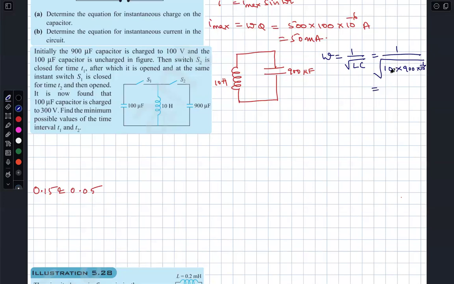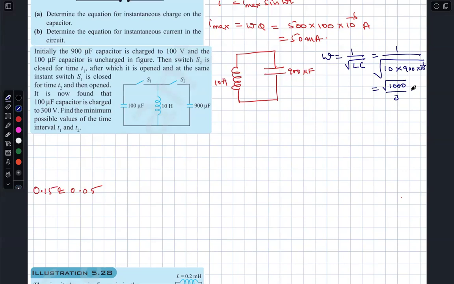So this becomes 9 into 10 power minus 3, which is under root 1000 by 3. That is omega for that part.